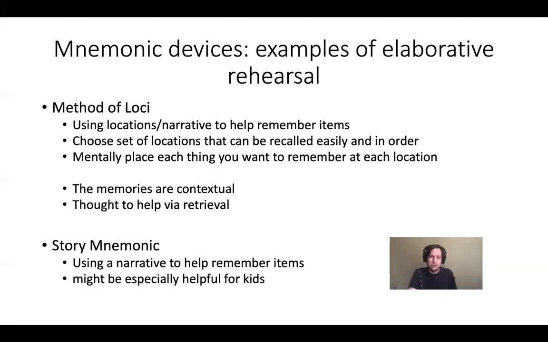So as a researcher, I give you a list of words that I want you to remember. With this method, for each item in the list, you travel through some series of locations that you know, and at various landmarks along the way, you imagine yourself seeing each item at that location.